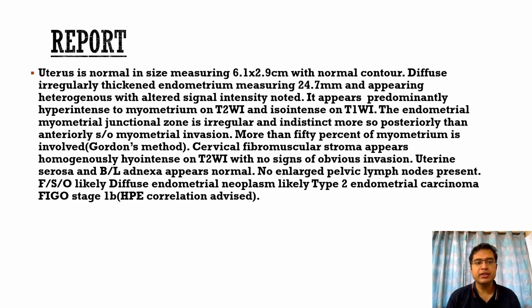So this is the report that I had given, that the uterus was normal in size with normal contour. Diffuse irregularly thickened endometrium measuring 24.7 mm and appearing heterogeneous with altered signal intensity on all the sequences shown was suggestive of again neoplastic etiology, and it appeared predominantly hyperintense to the myometrium on T2 and isointense on T1 with indistinct endometrial myometrial junctional zone, more so on the posterior side than on the anterior side, which suggested myometrial invasion and indicative of endometrial carcinoma.